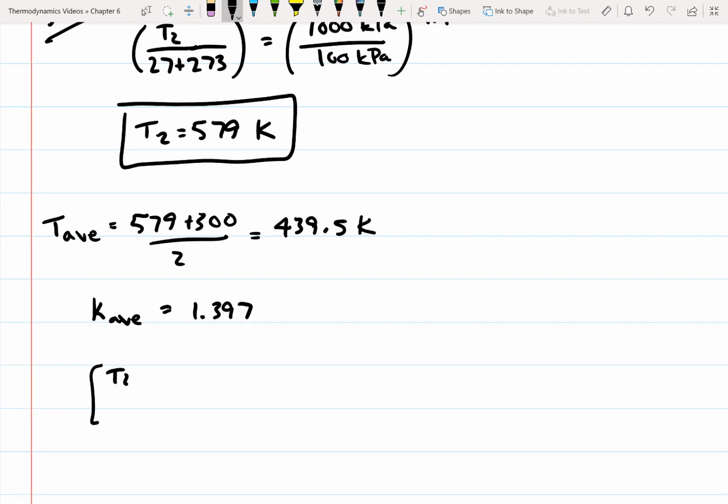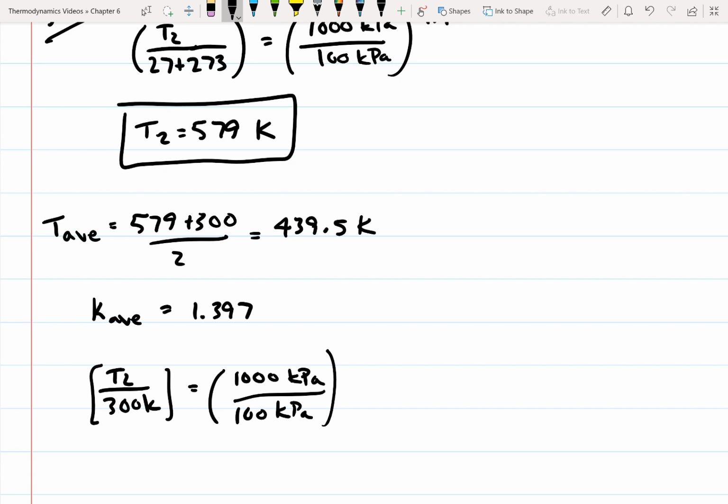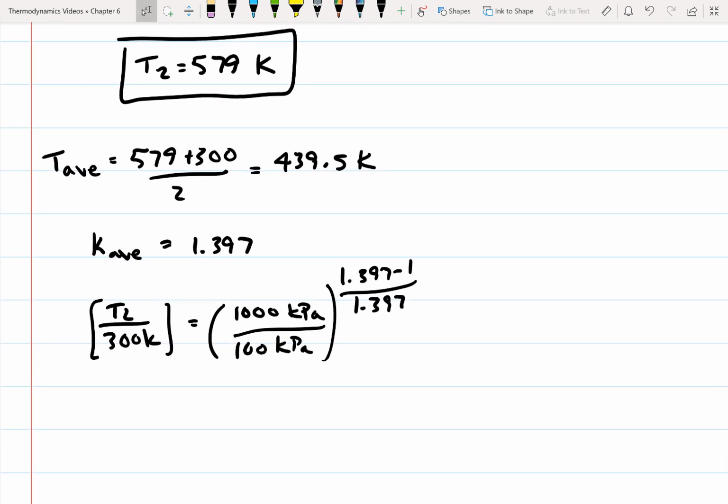T2 over T1, where we still have 300 Kelvin for T1, is equal to 1000 kilopascals over 100 kilopascals to the (1.397 minus 1) divided by 1.397. So then this works out to T2 as 577 Kelvin.